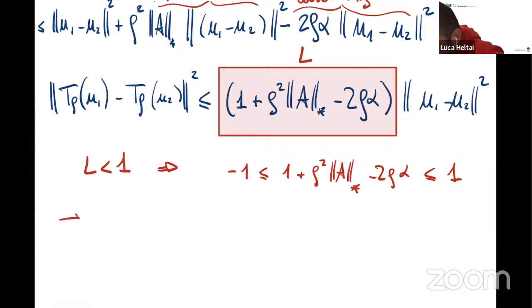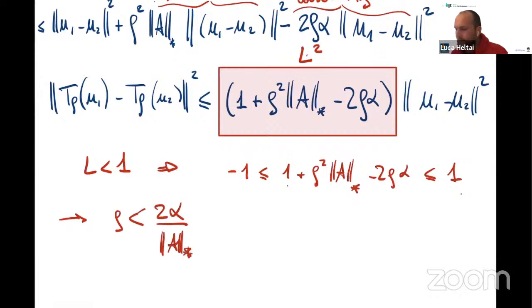So the first condition that you get on alpha is, you simplify these ones that you get over here, and you get that rho has to be smaller. Actually, this was L squared. Okay, but so rho has to be smaller than, from the way that I wrote this here, 2 alpha over A star.